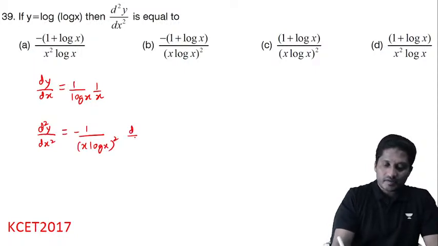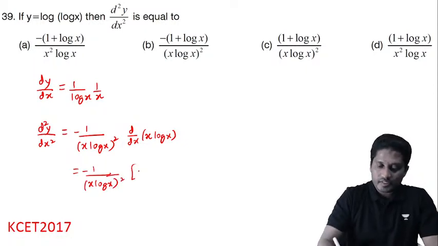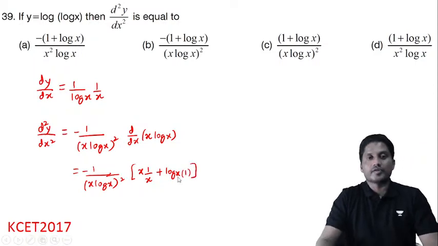Okay, and then you get into differentiation of x log x. Now this is equal to minus 1 by x log x the whole square, and here I'll use the product rule. First function is x, differentiation of log x is 1 by x. The second function is log x, differentiation of x is equal to 1. I'm going to use u into v.